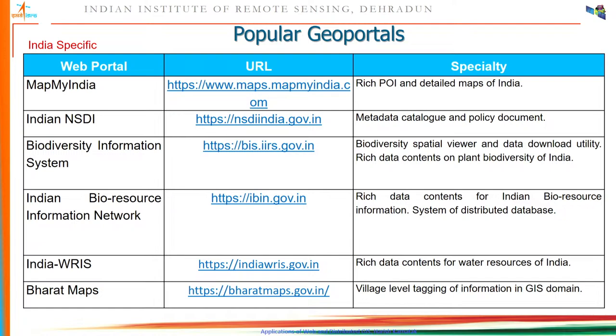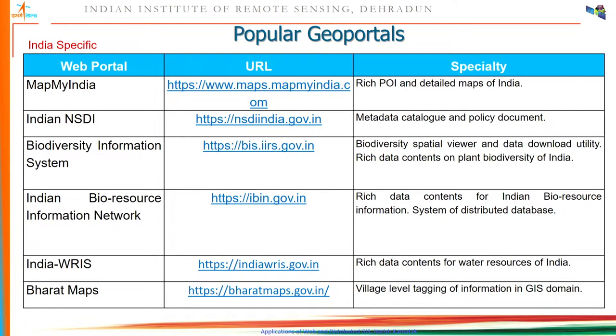You can also visit their website. It's a beautiful website. They have a good compilation of the different types of data available with different organizations, and you can also get the metadata of these data sets, so that you can get access to this data either as open data or as proprietary data.